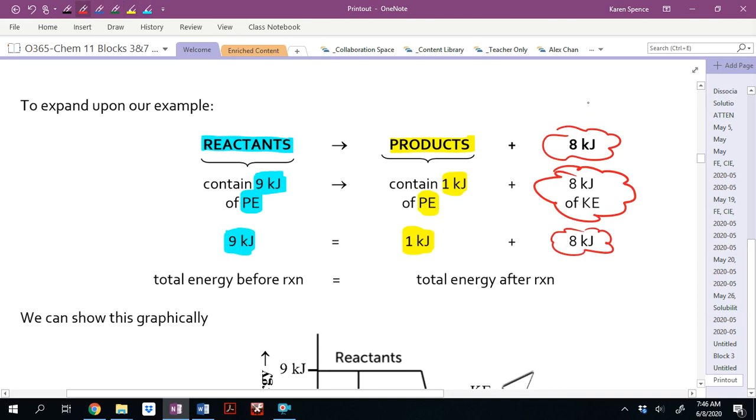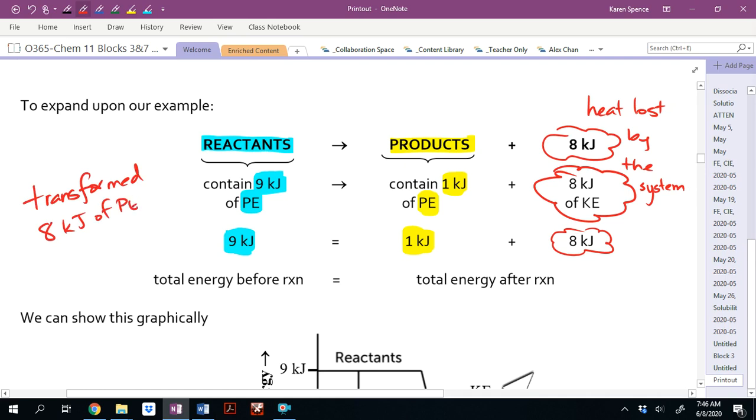This is heat lost by the system, by our reaction. System has an S in it. When we say it's lost by the system, that means it's just coming out. We transformed 8 kilojoules of potential energy into 8 kilojoules of kinetic energy.